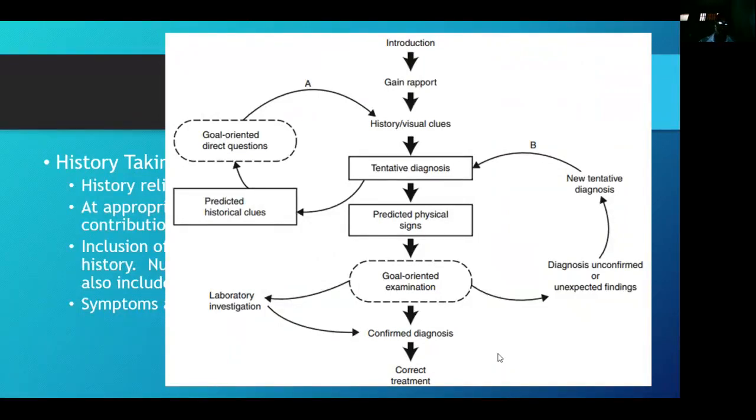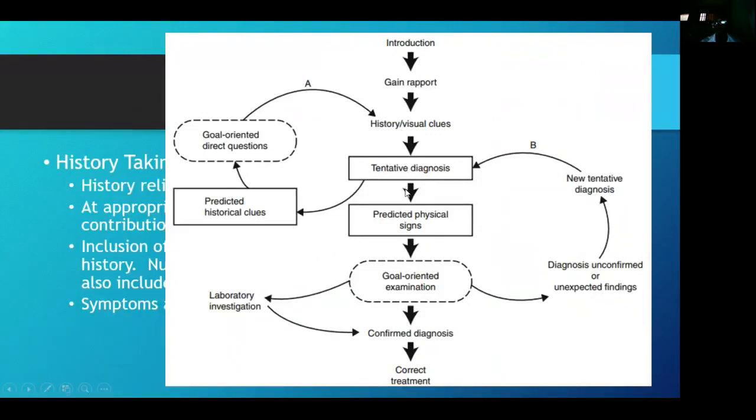And then you also get history, at least the presenting complaint, as well as the visual clues. From those, you make a tentative diagnosis, which will give you an idea of what other histories to elicit from the patient. And then you can now do your goal-oriented direct questions, which will further help with your history.